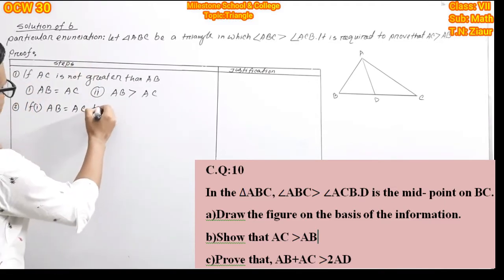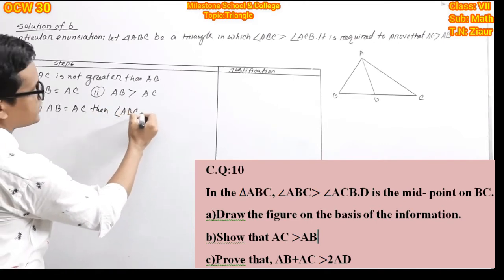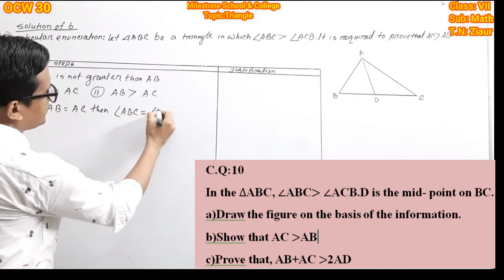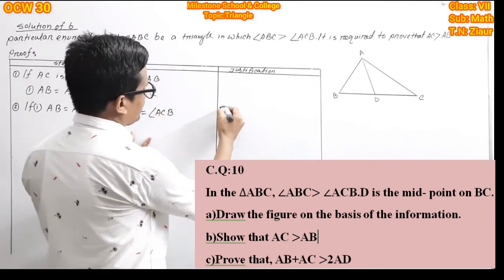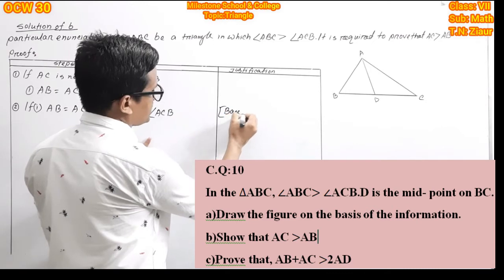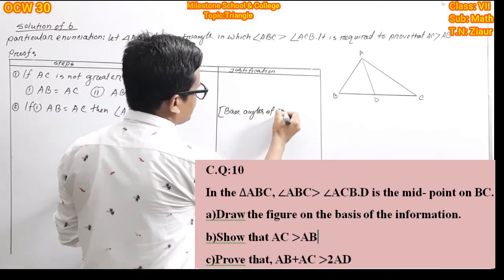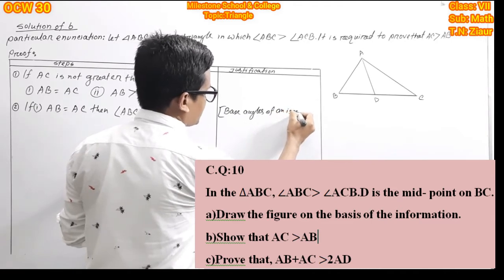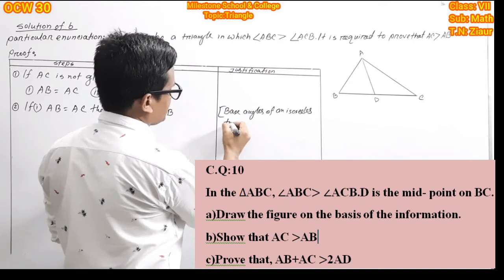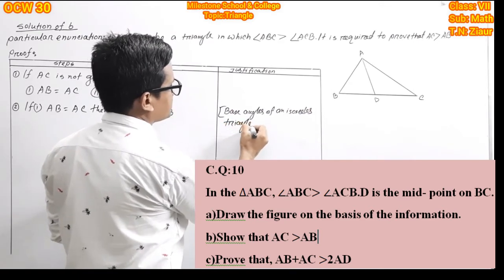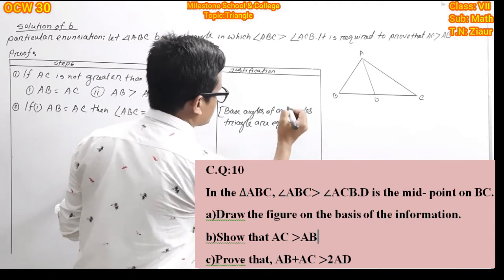Then we can write here angle ABC equal to angle ACB. Why? Because base angles of an isosceles triangle are equal, right? Base angles of an isosceles triangle are equal.